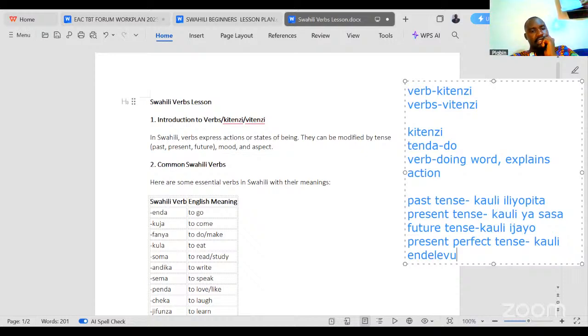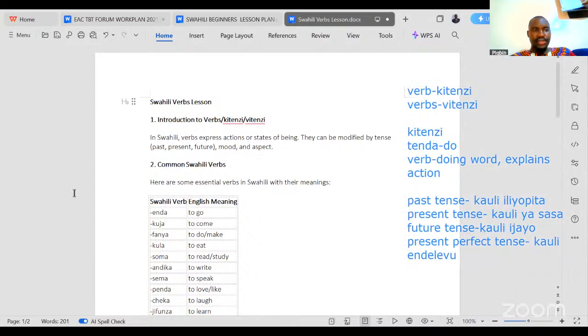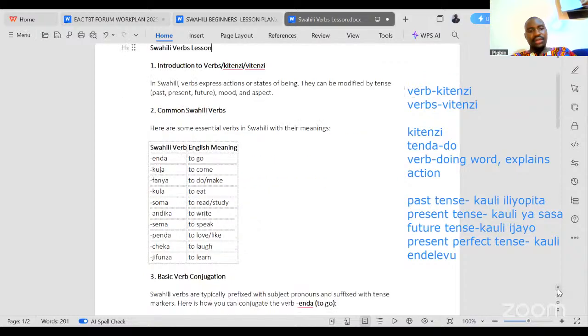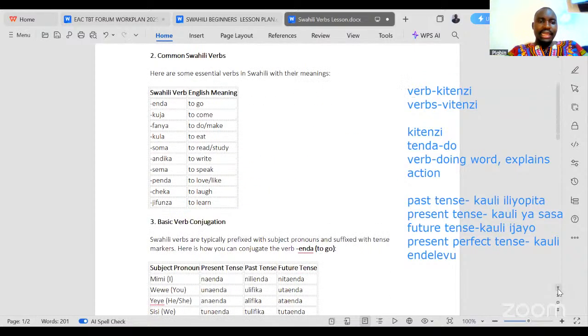Let's now go to the common verbs. If you can see my side screen, I've done just a brief list of some verbs. I'll read them. The first verb is enda. Enda is go. I have to attach ku to mean to go, but let me show you that somewhere else on my side screen.